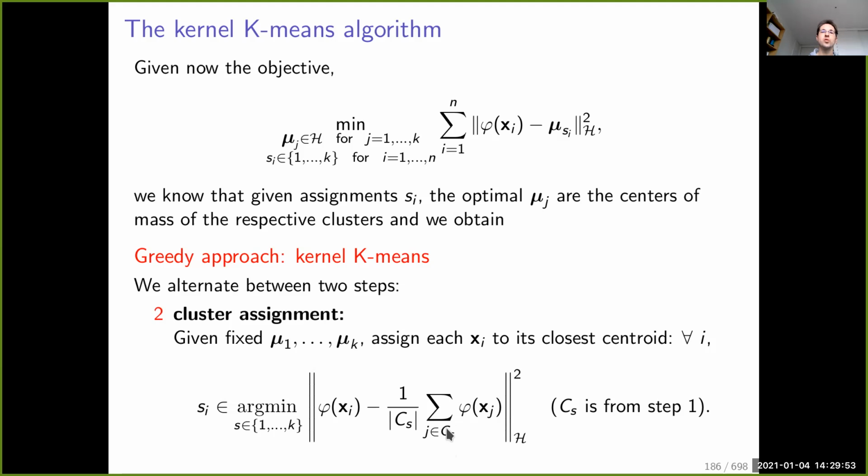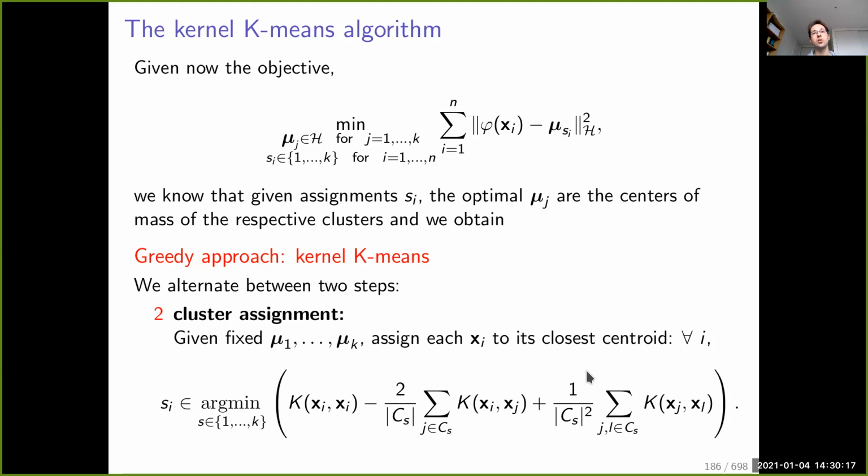So let us consider a center of mass defined on clusters from the previous step. How do I optimize this over the set of indices? Well, I have a square norm that involves lots of phi of xi, phi of xj. As usual, what we do is that we develop this quadratic term.